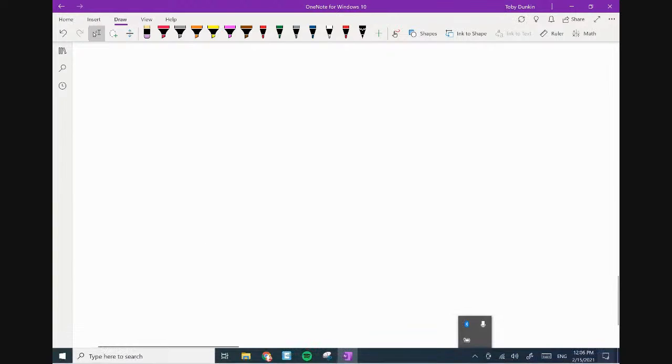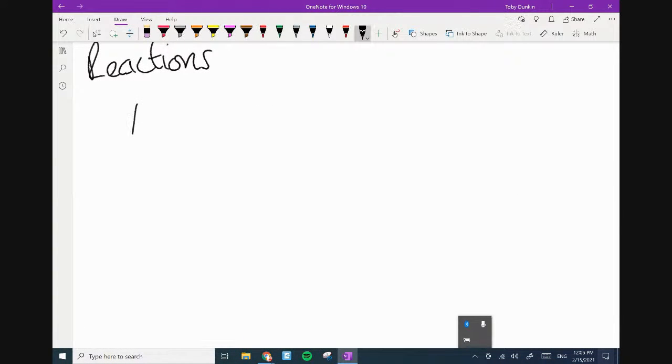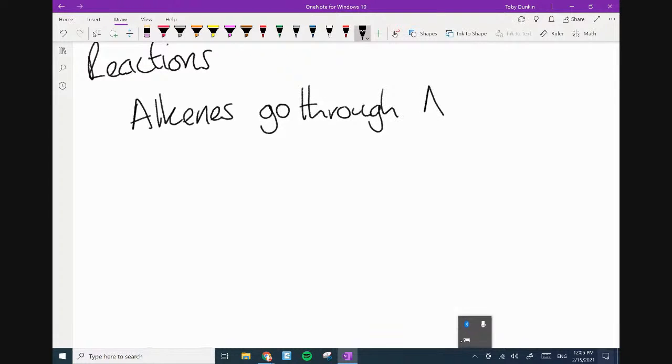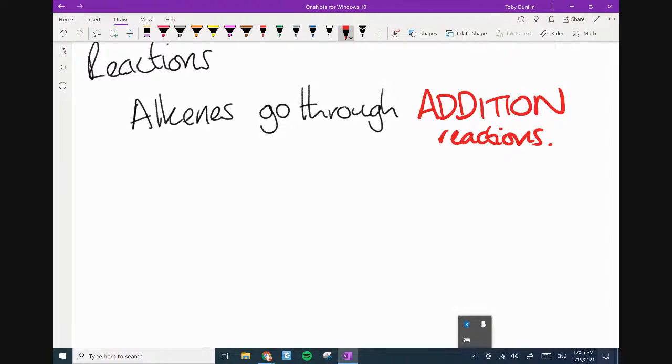Right, so bullet point number 1. Alkenes go through addition reactions. Notice I'm even going to change my color. And I do love chemists when they make it easy. It literally means we add to enes.